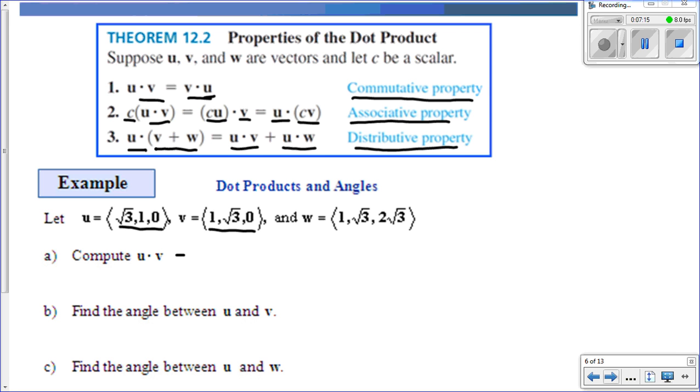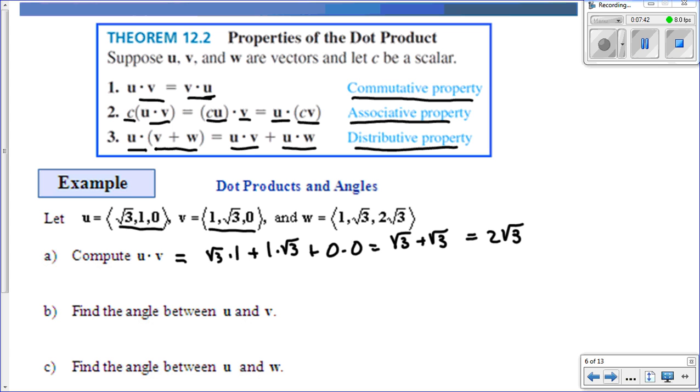Now we have an alternative form for the dot product which just uses the components. So u dot v will be the first components multiplied plus the second components multiplied plus the third components multiplied. So we get the square root of 3 plus the square root of 3, which is just 2 times the square root of 3. So that'll be the dot product u dot v.